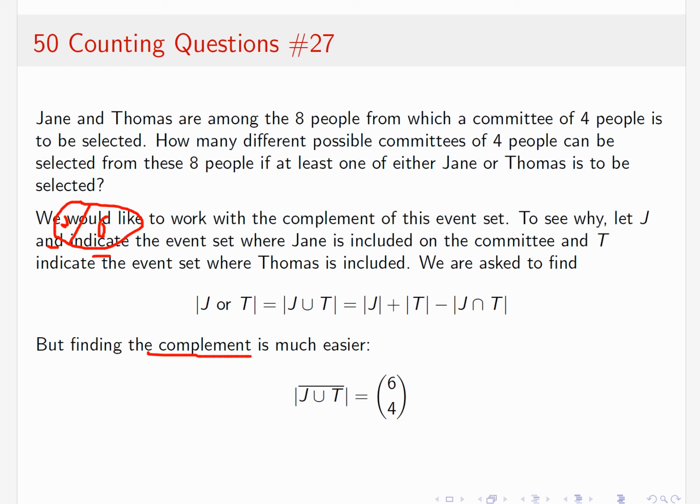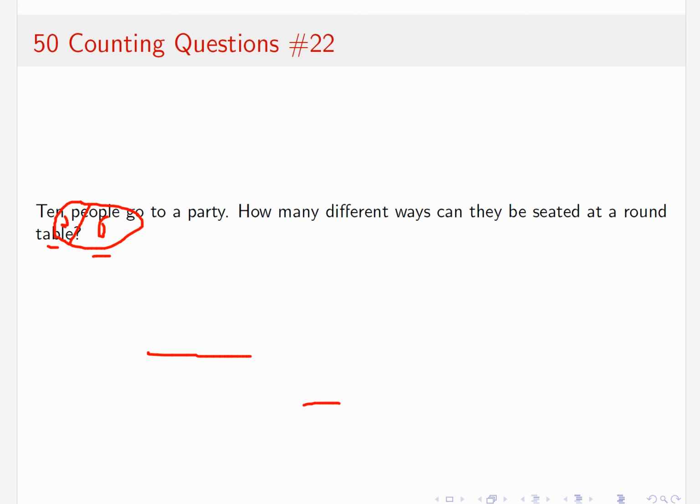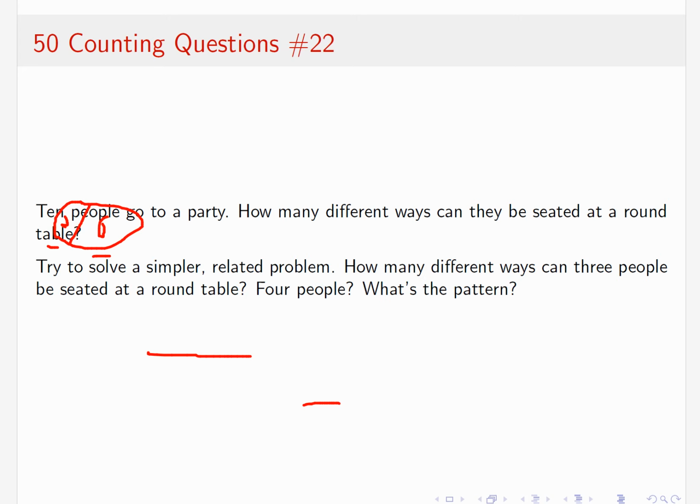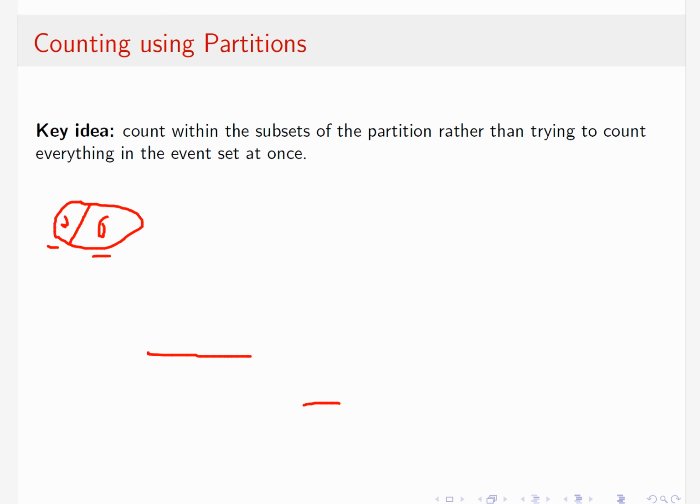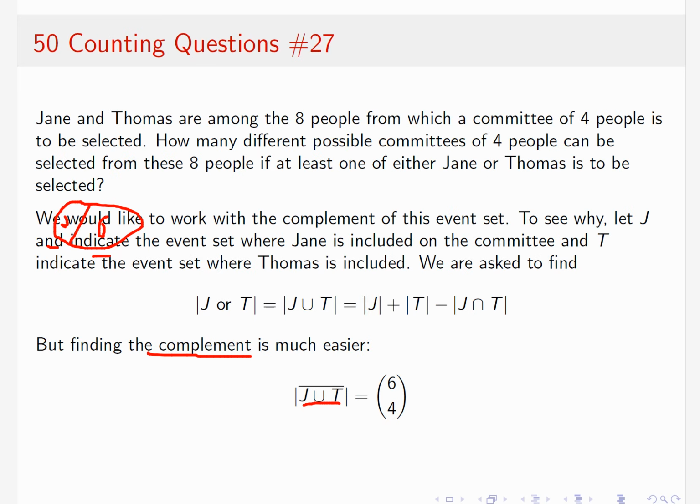Finding the complement is much easier. How many ways are there to select a committee that does not have Jane or Thomas in it? Well, that's fairly easy because now we're selecting from just the 6, and we get down to 6 choose 4.